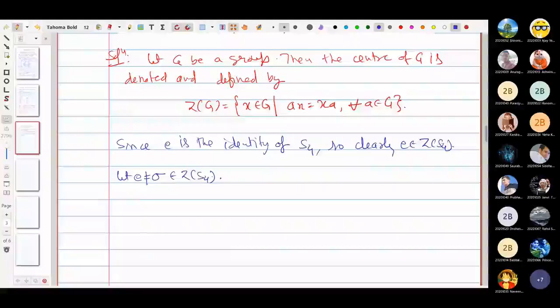Because S4 is a group of permutations, which is constructed with the help of 4 symbols. Suppose, for example, they are 1, 2, 3, and 4.